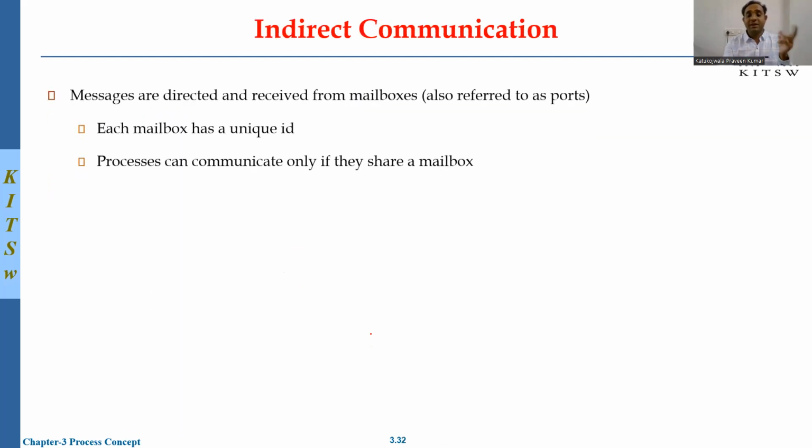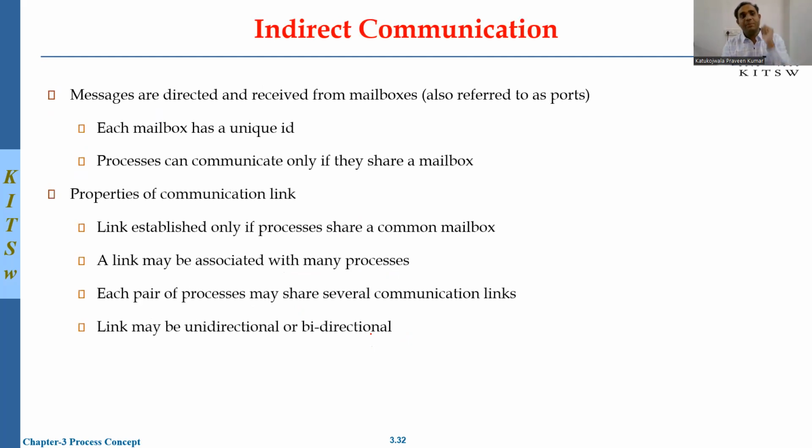The second logical one is indirect communication. Messages are directed to and received from a mailbox, just like the mails we use. Each mailbox has a unique ID, and processes can communicate only if they share a mailbox.